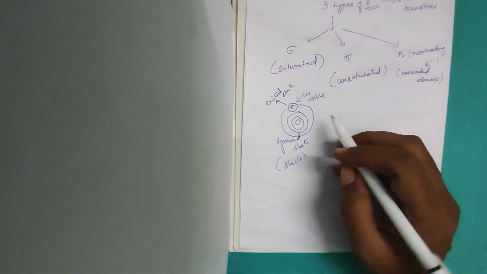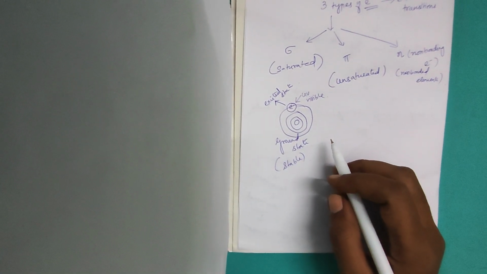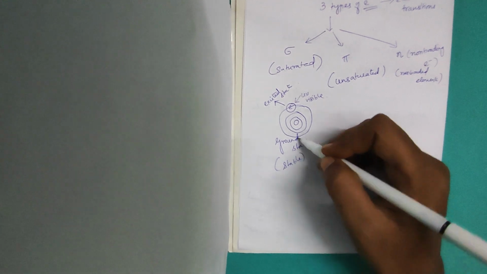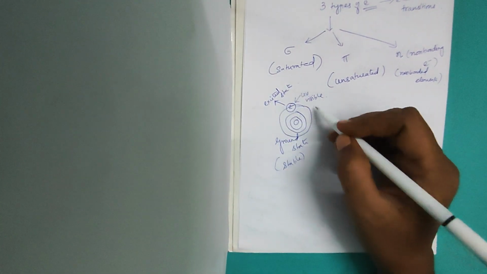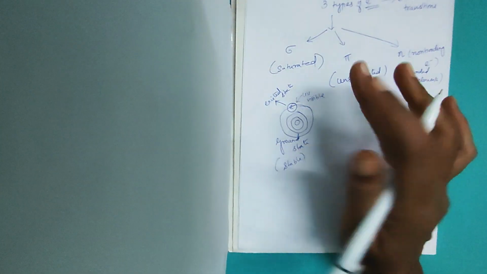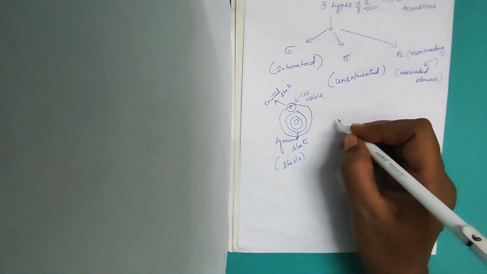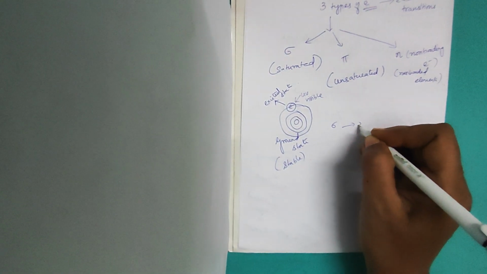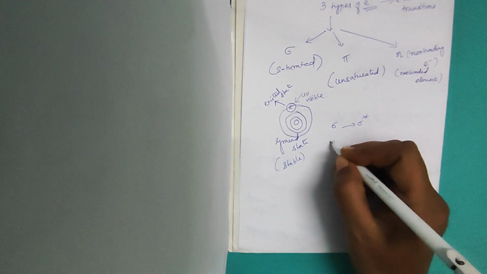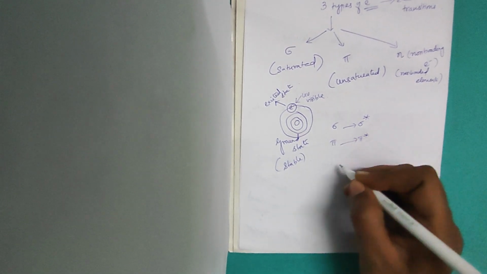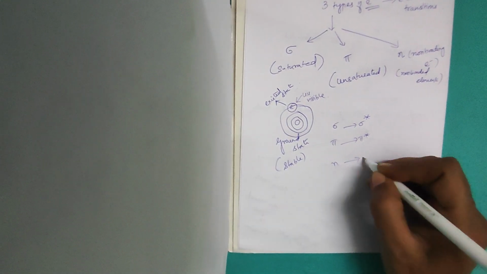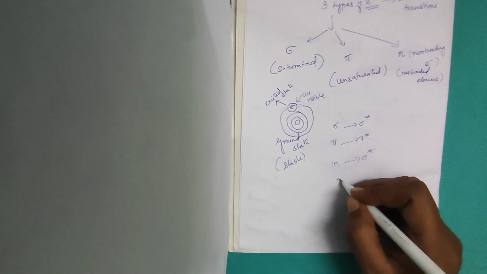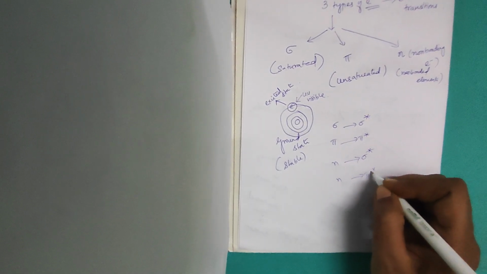The movement from the ground state to a higher energy state can be categorized into four types of electronic transitions. First one is sigma to sigma star transition, pi to pi star transition, and the non-bonding electron may go to sigma star or it may even go to pi star.